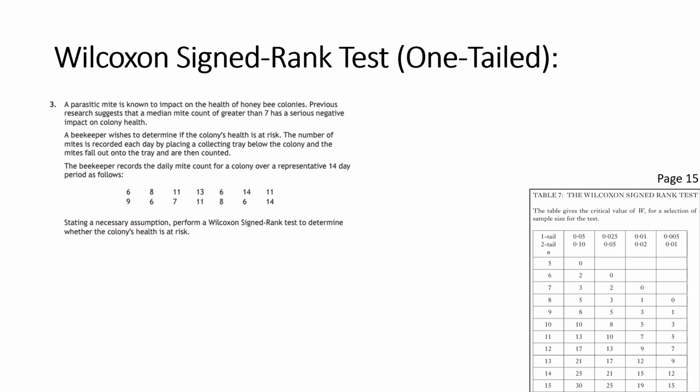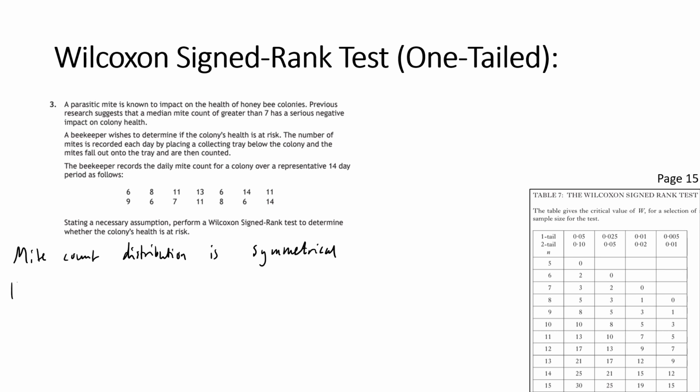Perform a Wilcoxon sign rank test to determine whether the colony's health is at risk. A necessary assumption is that the mite count distribution is symmetrical. Let's write our hypothesis as well now.